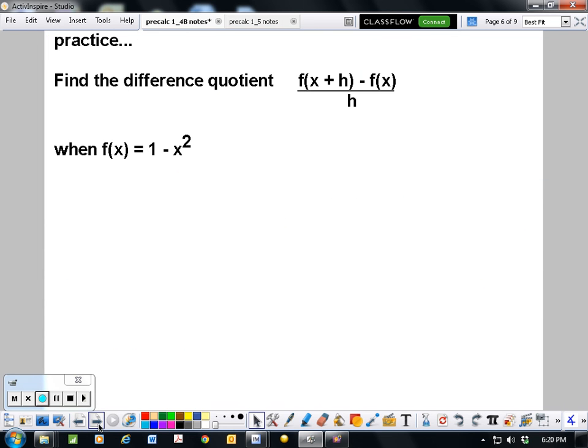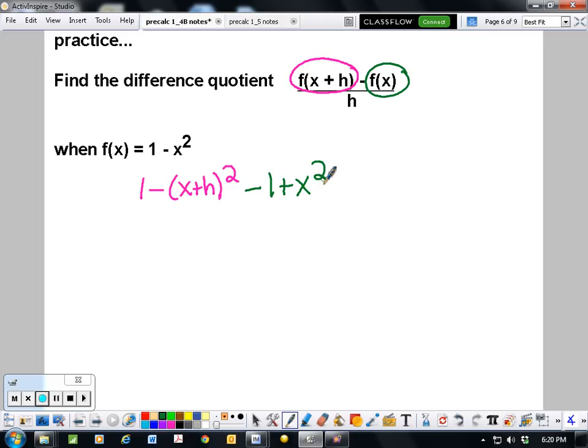Okay, so going back and reviewing the difference quotient. So again, seeing a lot of these different problems over and over and over, just to remind you, especially with the test coming up. So the first thing we're going to do is plug in x plus h into our function. And then I'm going to go ahead and subtract the original function, which means because I'm subtracting, I'm changing the sign of everything in the original function.